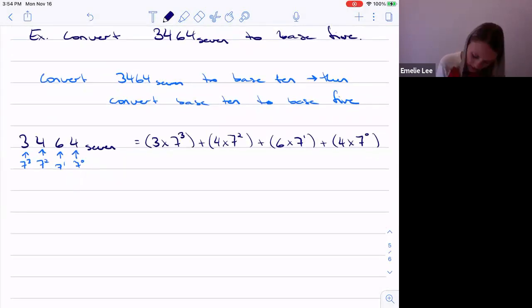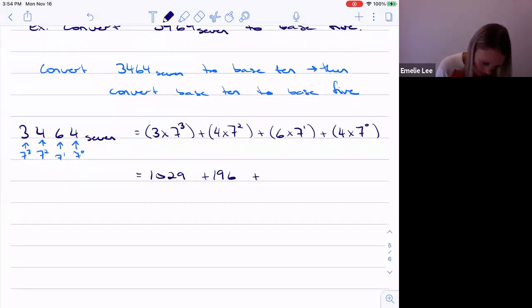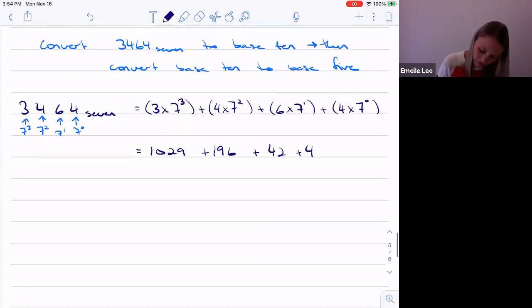Which is going to be 1029, plus 196, plus 42, plus 4. Which is going to be 1271 base 10.